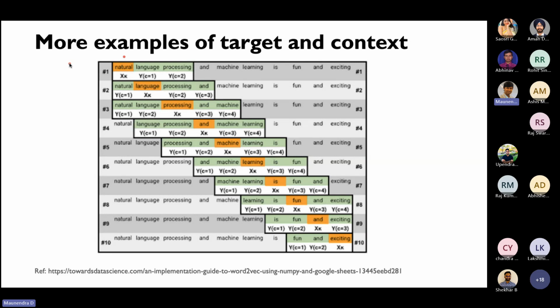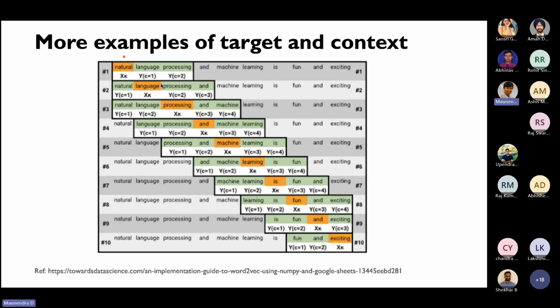We can have special words to indicate blank words. And +1 and +2 are language and processing. So we'll run the model once, with input as natural and expected output as language and processing. Then we slide again.